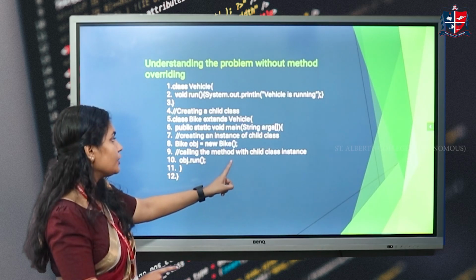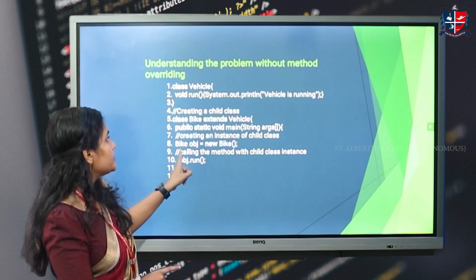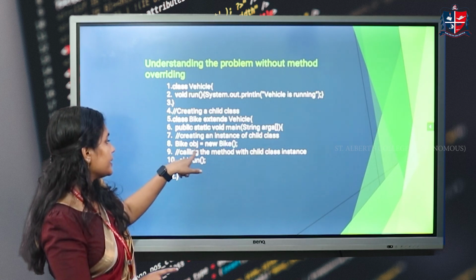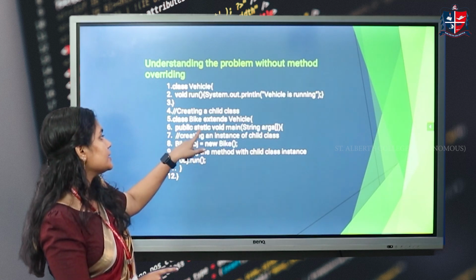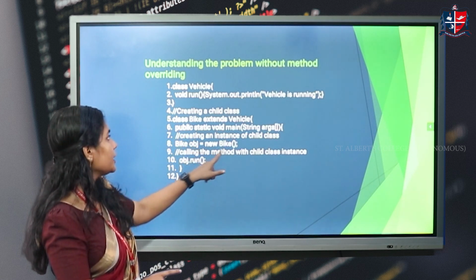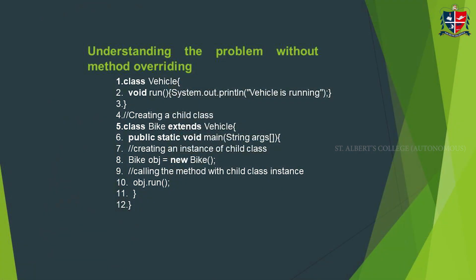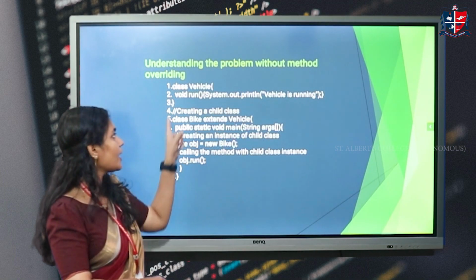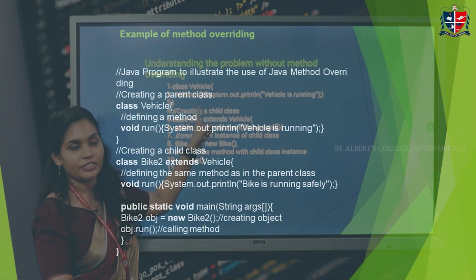It contains the main function, and a Bike object can be created. That means the subclass object can be created, and by using the subclass object, we can access the main class function.